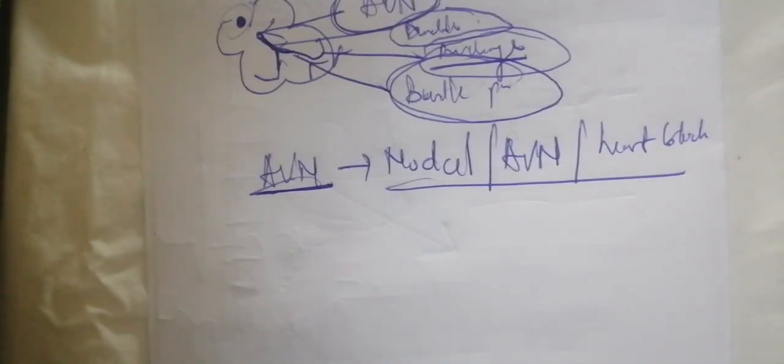When you hear nodal block, AV nodal block, or heart block, they define the AV nodal conductivity disorders. It means that the AV node is not conducting well the impulses from the sinoatrial node to the left and the right ventricle.